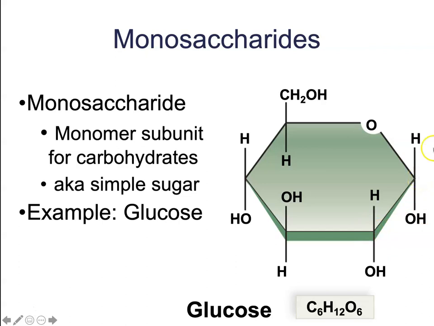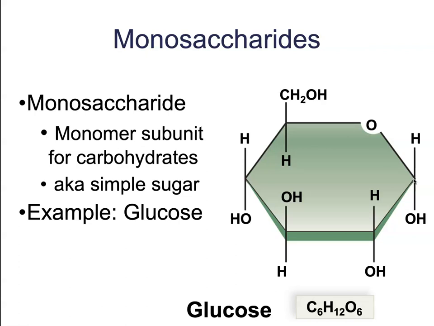Anytime you see a ring structure like this, at every single apex, unless specified otherwise, we assume that it is a carbon. If you go into organic chemistry or even basic chemistry, you may see a lot of these structures. Over here, this corner of the hexose is being held together by an oxygen atom. In every other corner, if it is not specified, it is a carbon atom.